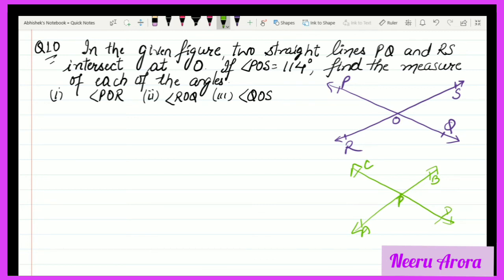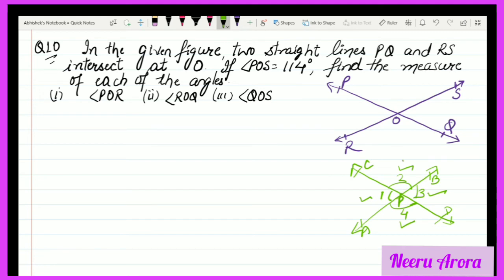common point P. Whenever two straight lines intersect each other at a common point, they make four angles. Angle 1, 2, 3 and 4. We can see that angles 1 and 3 are opposite to each other.